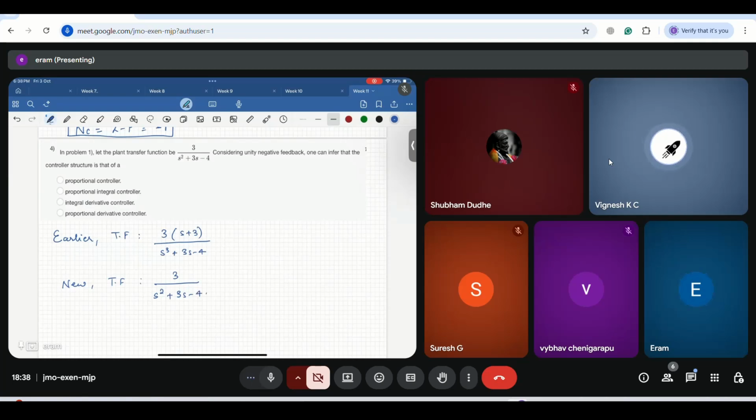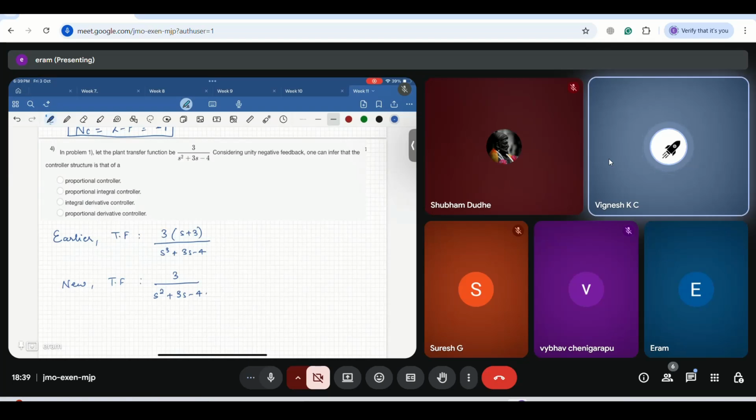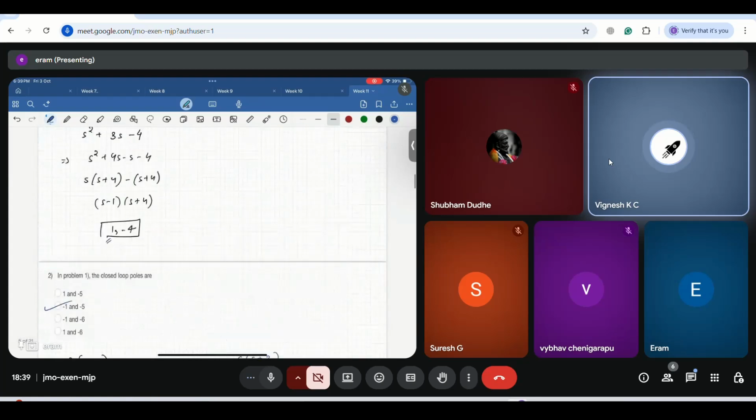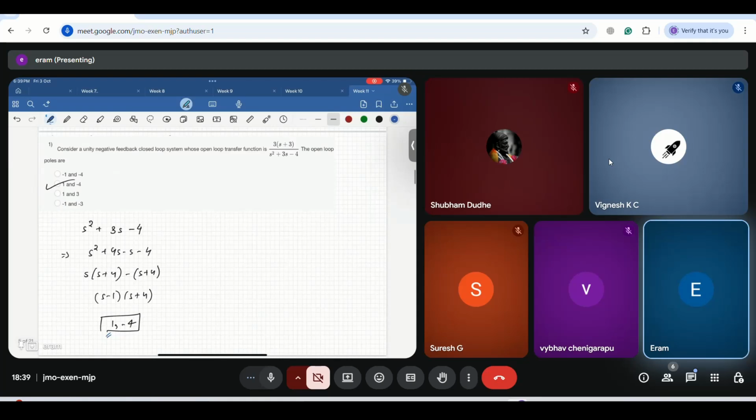Ma'am, this is the plant function. Plant into controller is equal to the total transfer function. No, no, what are you saying? Ma'am, that is the total transfer function, this is only the plant transfer function. And what was given in problem 1? 3s plus 3 divided by s square plus 3s minus 4.